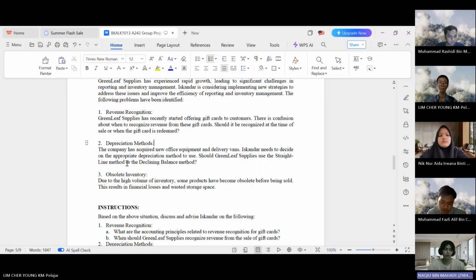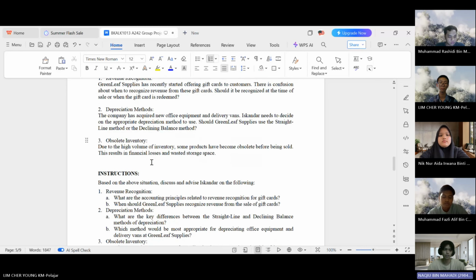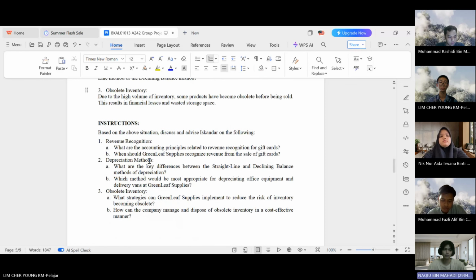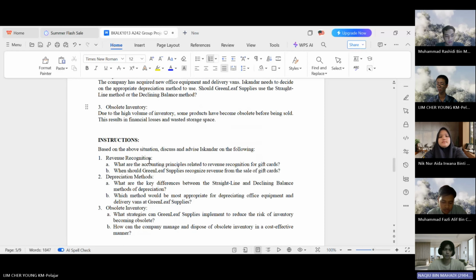All right. Now, the issue of obsolete inventory. The business faces losses because stock becomes outdated before it can be sold. What can be done to avoid this? They should improve inventory tracking, maybe by using software, and only order based on demand forecasting.